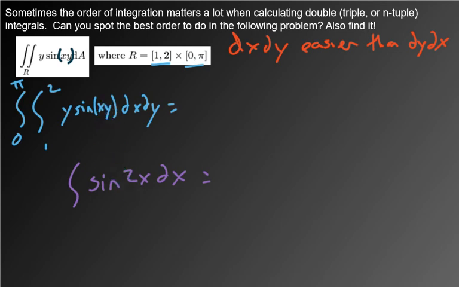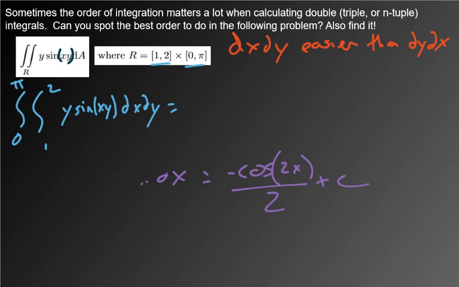So y is like my 2. Those are the ones where you just do minus cos 2x, and then you just divide by the constant. You divide by 2, right? Plus c or whatever. But that's basically what I'm going to do.